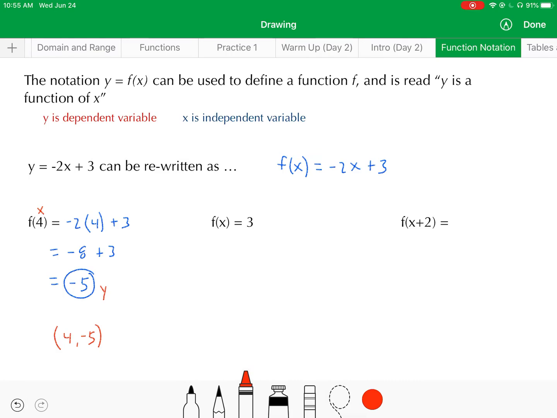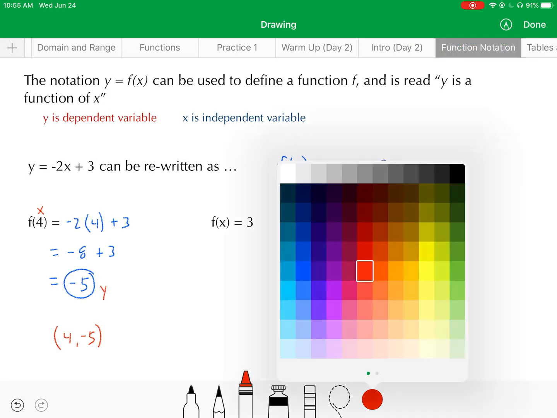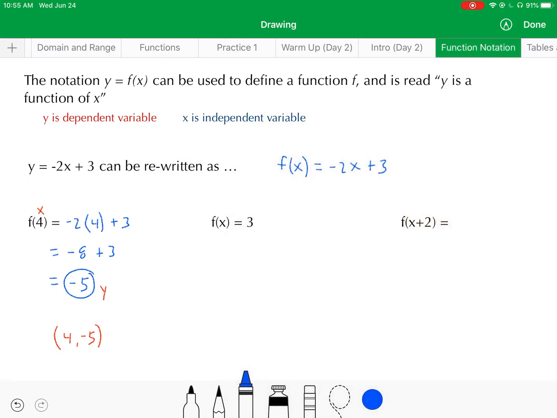So this time I'm looking for a value of x in this particular function that results in a y value of 3. Okay. To figure this one out, I'm going to use substitution. All right. f of x is equivalent to negative 2x plus 3.